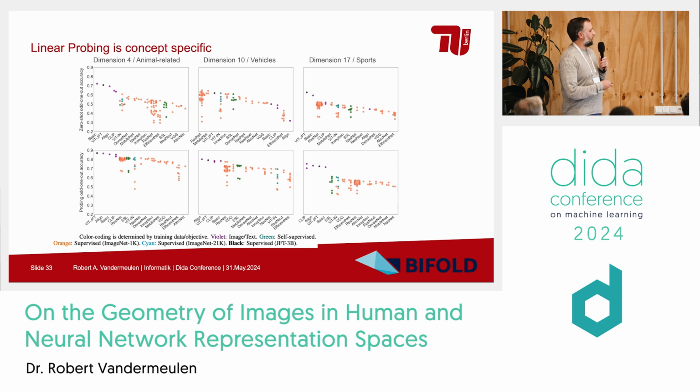And we can also see that the image text model almost always moves out in front of the other classification models via linear probing. Just more evidence that image text models have the deepest understanding of the world, which to me isn't too surprising. And JFT3B is almost always near the front.